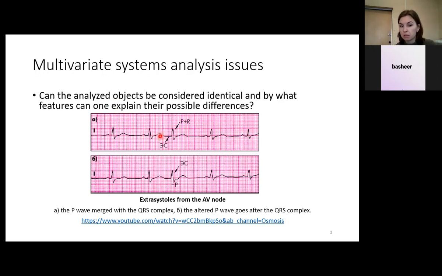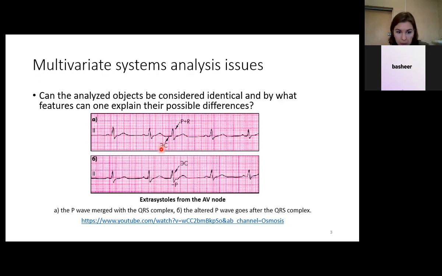So we may conclude that this contraction is out of the normal rhythm. So it's a premature contraction. We have a pause after and a short interval before. It's like a feature of the extrasystole.